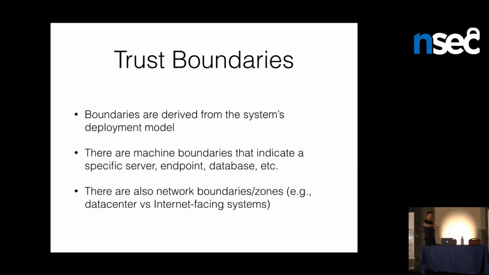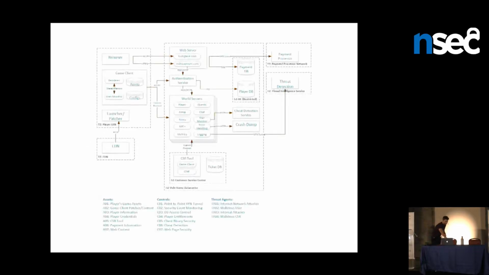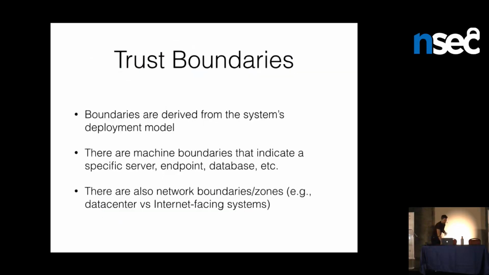Or if you have a network zone, which are these kind of dotted zones around groups of components, that's going to be when a logical grouping of components needs to pass through some additional control to get into another zone that contains another block of components.